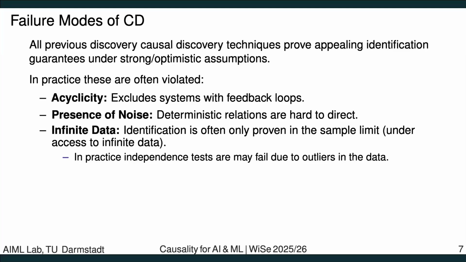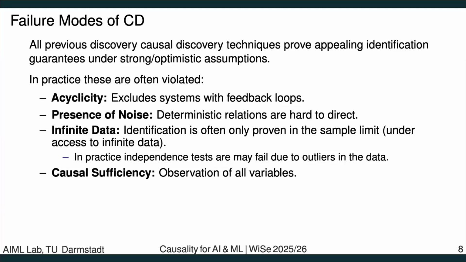Most of the time, all of these algorithms are proven under infinite data, which basically means that in the sample limit, our independence tests are guaranteed to give the true answer. In reality, we have outliers in the data. We have some other weird effects that might lead to these independence tests failing.